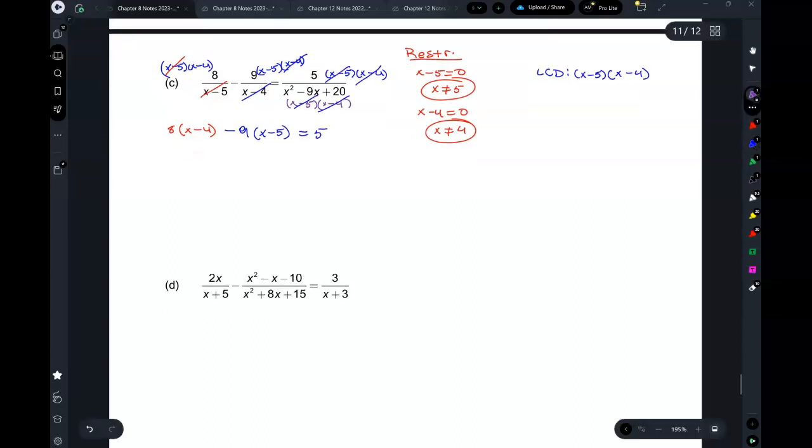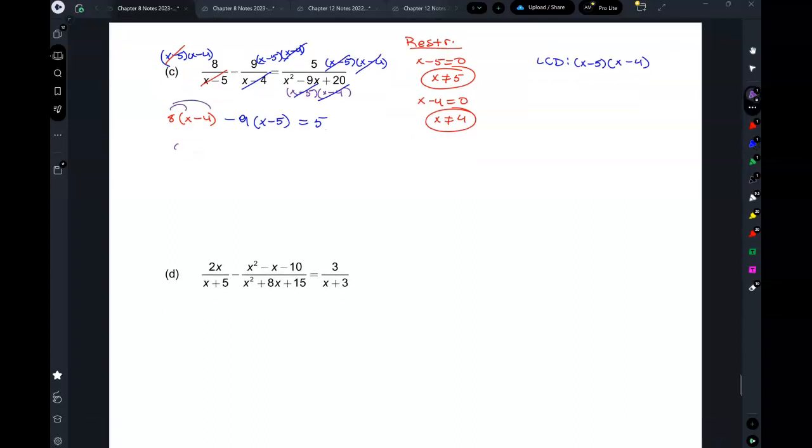Okay, so now distribute. 8x minus 32 minus 9x plus 45. Okay, so 8x minus 9x, negative x. Why do I keep writing that?